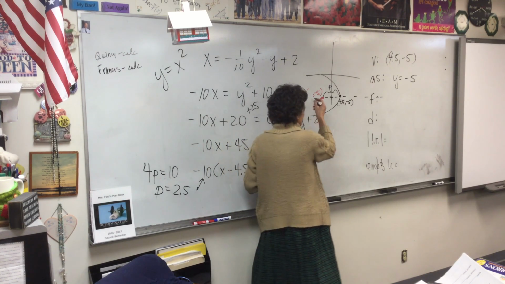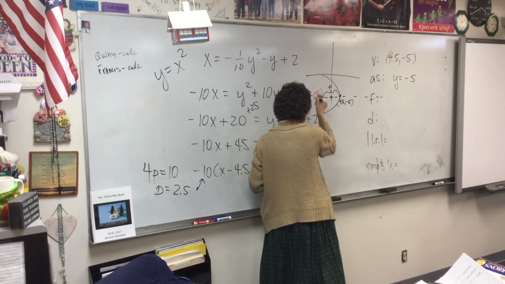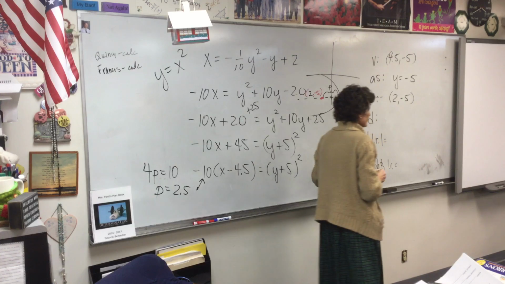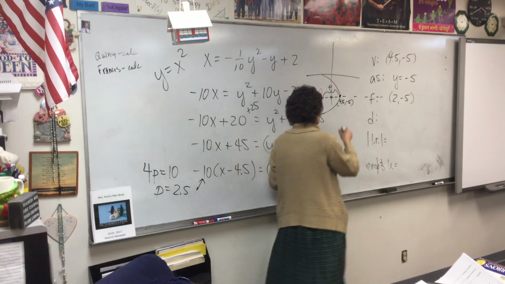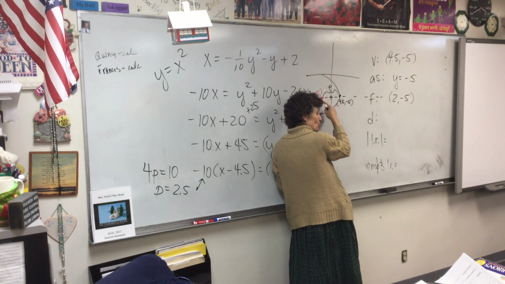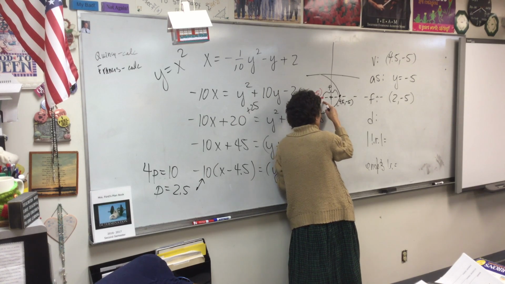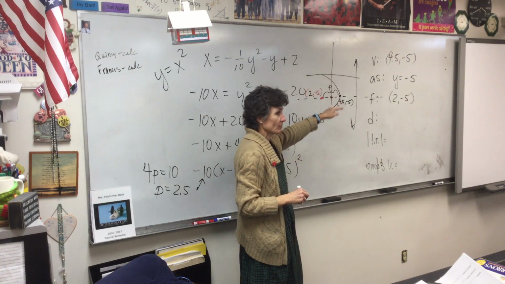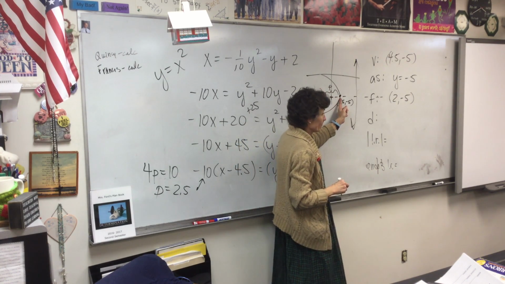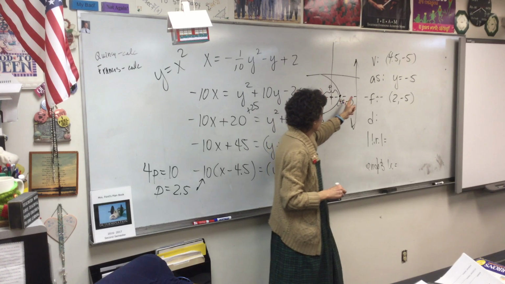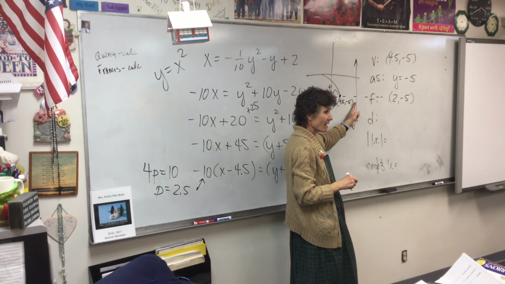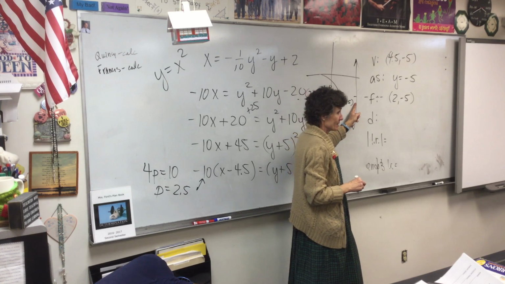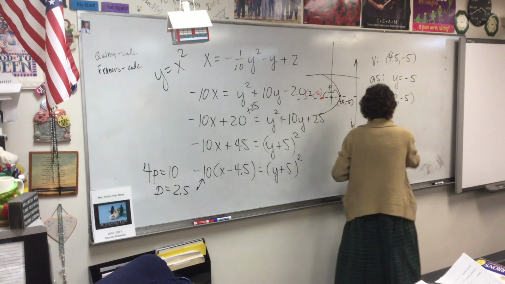So I will be at 2. So my focus is at 2, -5. Now if I went back for my focus, I'm going to go forward 2.5 for my directrix. So I'm starting at 4.5 and going forward 2.5, which would put me at x equals 7.